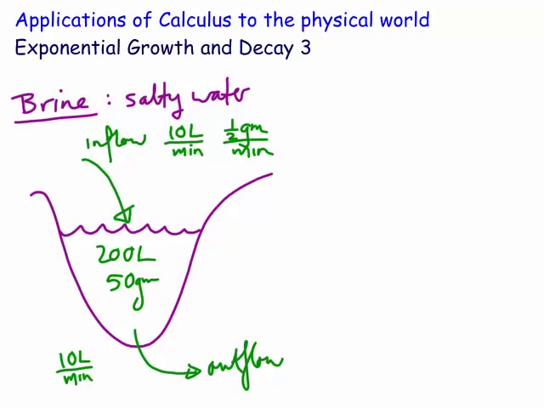Okay, and if you have a quick look at this, you can see, oh, sorry, not half a gram a minute, actually it should be half a gram a litre.